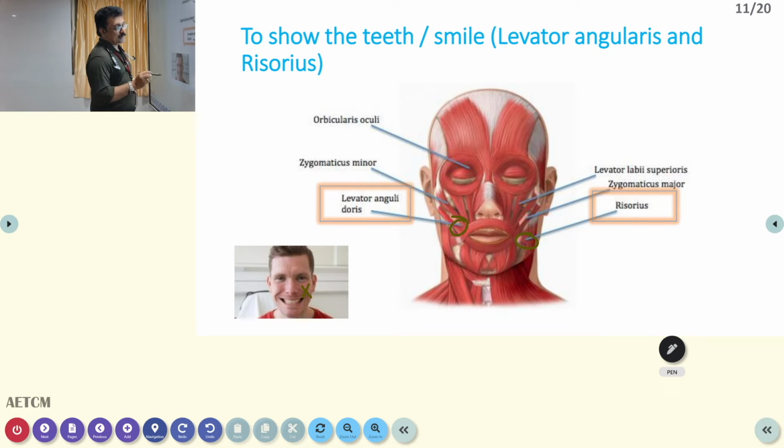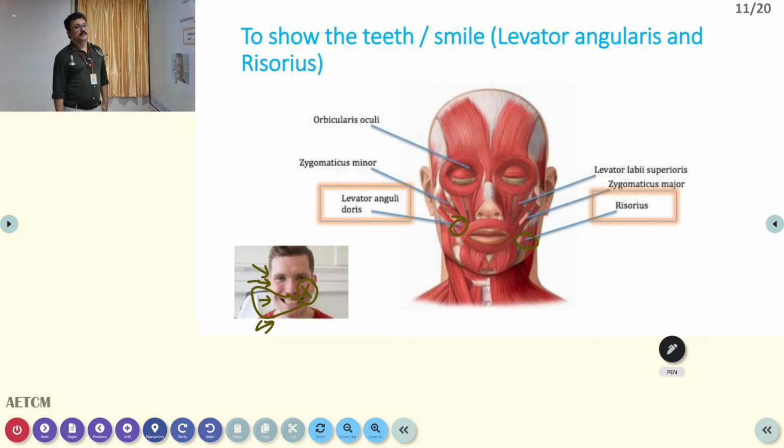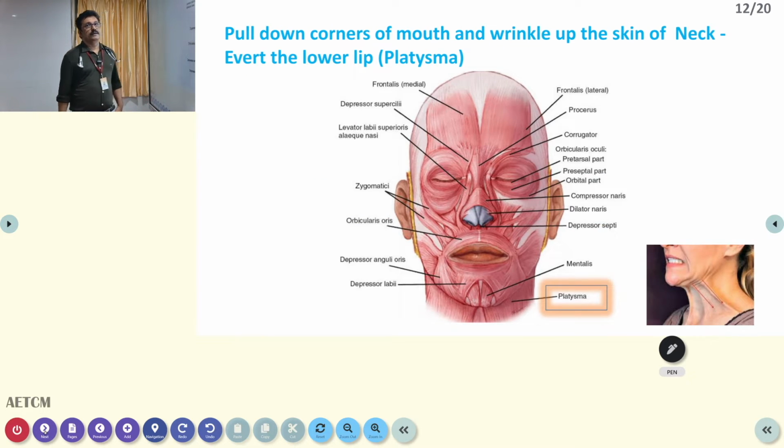These muscles are not acting properly, so the mouth will deviate to the opposite side. That is very important. The weak muscle will not work, and the other muscles, which are normal, act very strongly, and the mouth will be completely deviated to the opposite side. So the deviation of the mouth will always be towards the normal side, because the facial muscles are weak on the side of the weakness.